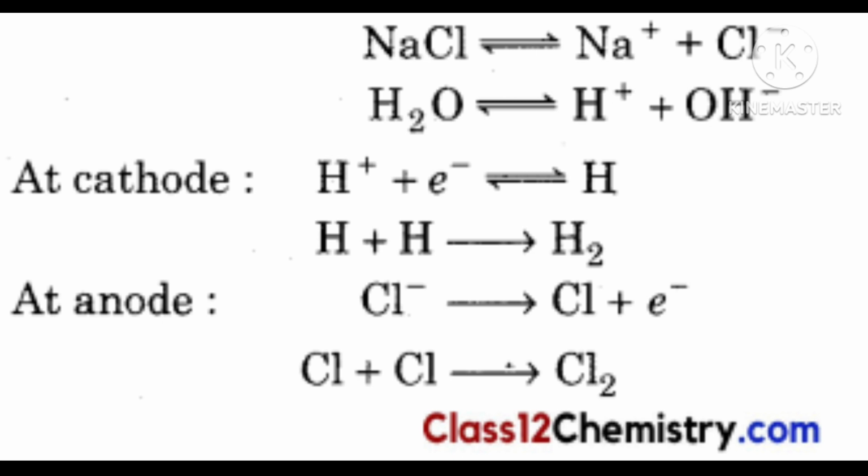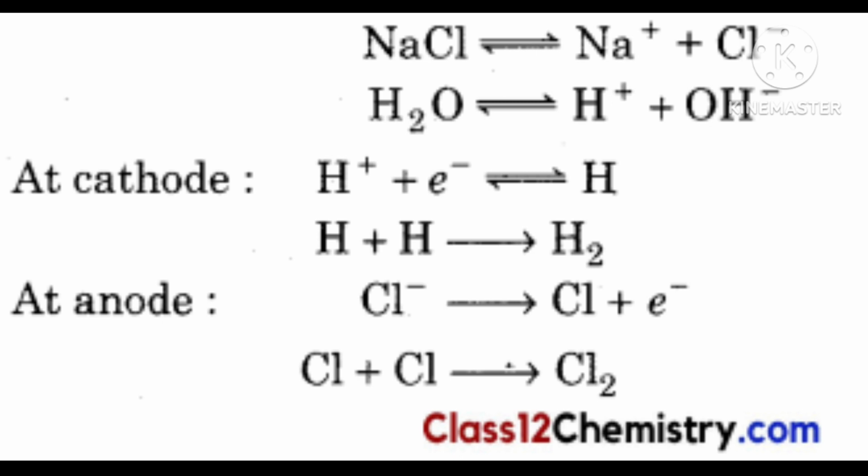HF is greater than HCl, HCl is greater than HBr, HBr is greater than HI. It is the reverse of the acidic strength. HF is more stable than HCl, HCl more stable than HBr, HBr more stable than HI. This question is also asked. Both are reverse, remember.